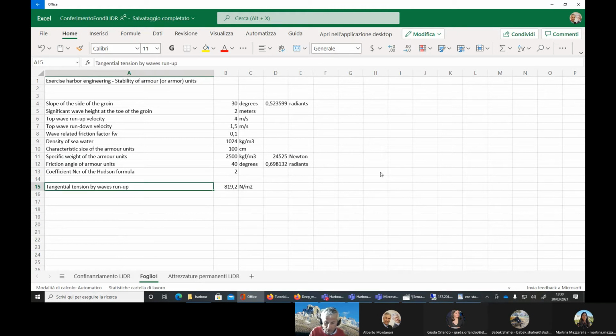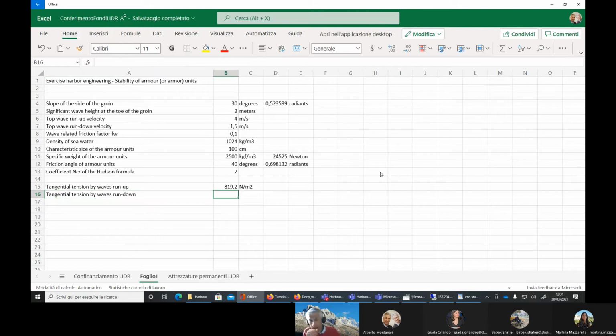Now I have to compute the tangential tension for wave run down. Good. For the wave run down, I have a similar situation, but now I have to take the run down velocity.